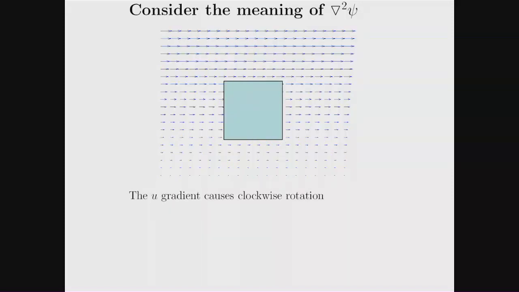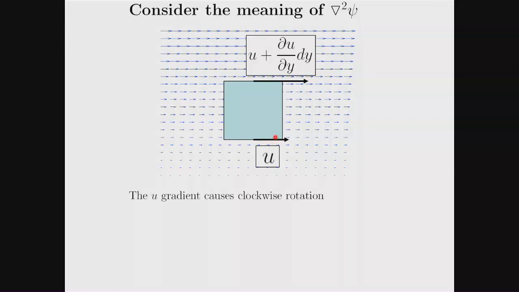Now, if we consider our other velocity gradient, del u del y, you can see that the velocity at the top of my fluid element is going to be faster than the velocity at the bottom of my fluid element, and it's also going to cause a rotation, which I've called omega 2, a rotation of negative omega 2 actually.